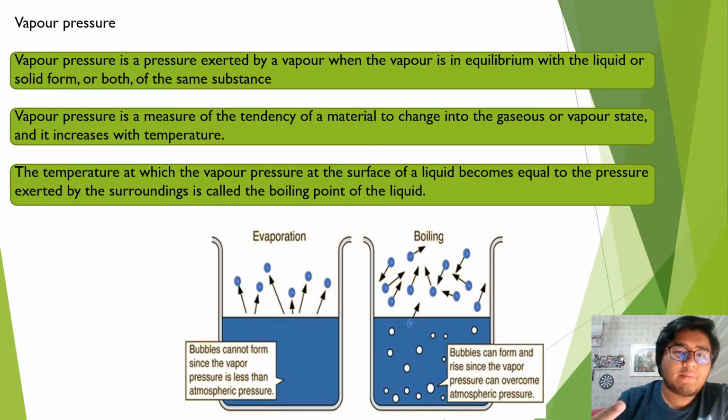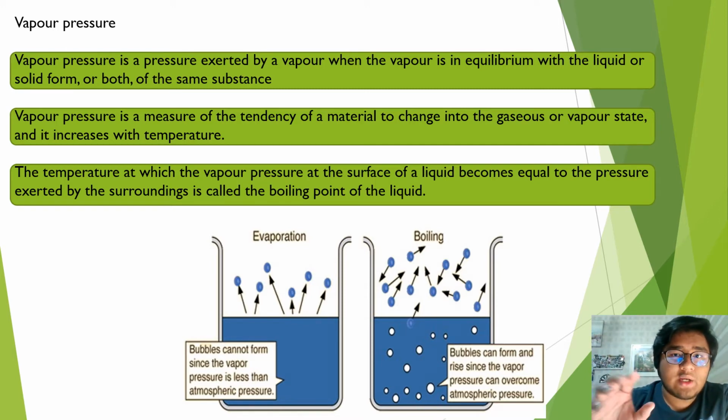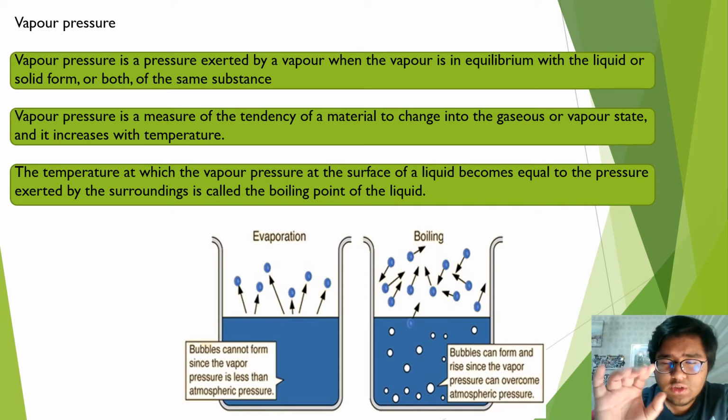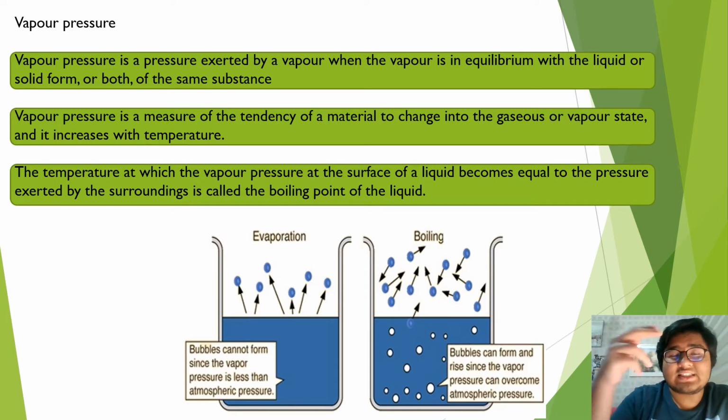Okay, so vapor pressure is a pressure exerted by the vapor surrounding the liquid, but when the vapor pressure on the surface of a liquid is equal to the pressure exerted by the surroundings, that's what we call the boiling point: the temperature at which the vapor pressure on the surface equals the external pressure.